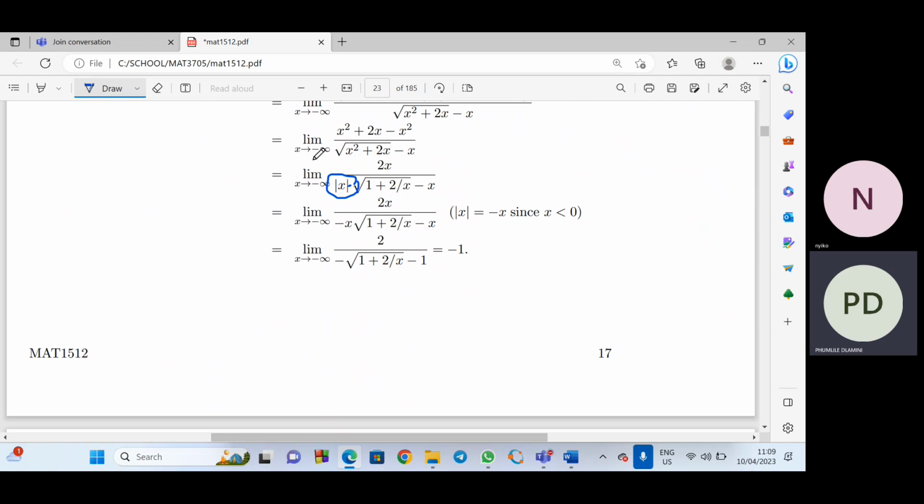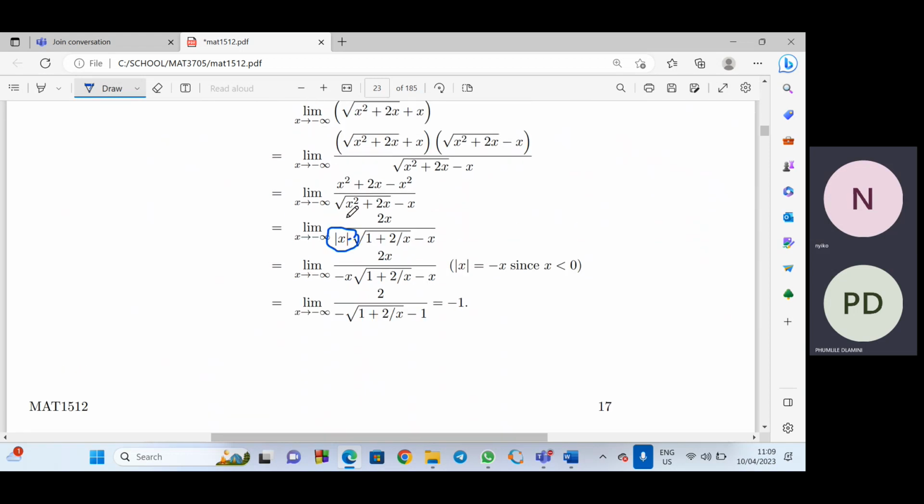Probably we cannot just introduce something without the cancellation, because if this cancels this one, you're going to remain with 2x over this one. When you divide here, where did he get this absolute value? So there is a problem that he made. Maybe they wanted to introduce something there. So this question is not really clear.